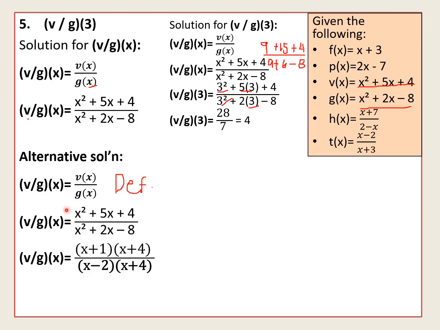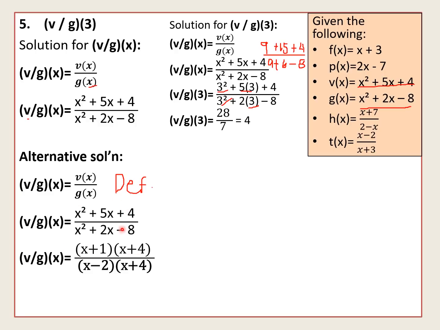And the factors of the trinomial x squared plus 5x plus 4 are x plus 1 multiplied by x plus 4. These are its two factors. To get this again, you simply use the FOIL method here. So, this is the expanded form. This is the simplified one, and this is the expanded form.